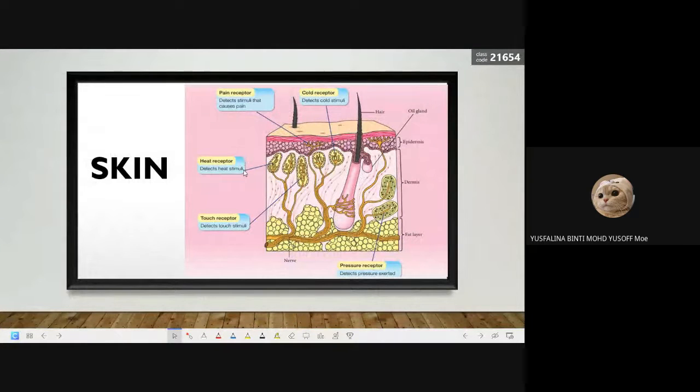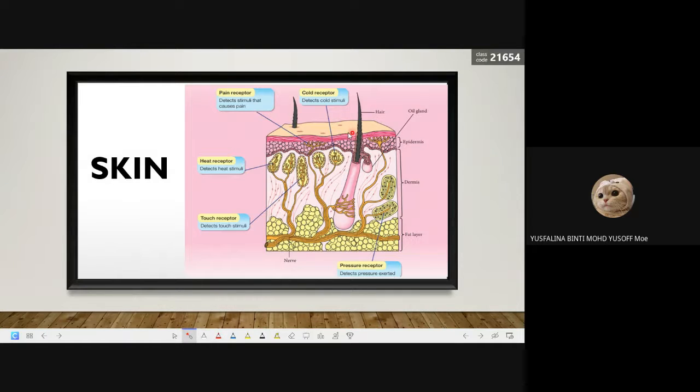So this is the part of skin. At the top of your skin, the top layer, you see the pink one. We call it the epidermis.